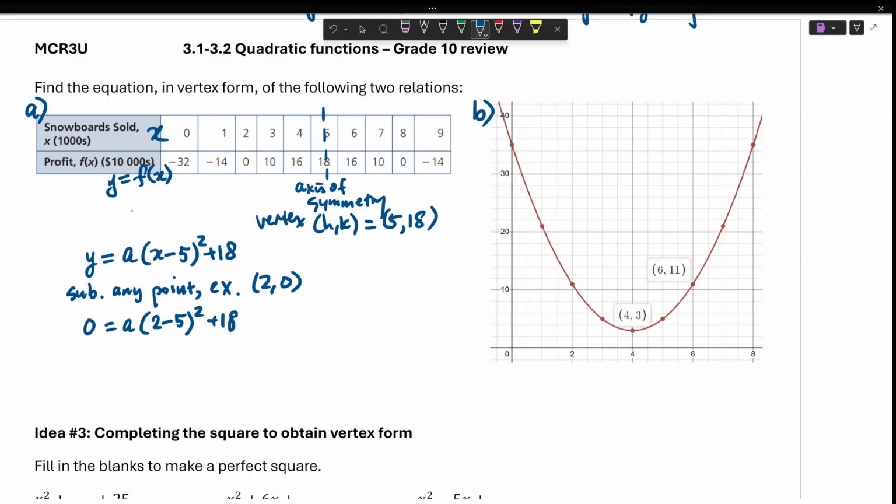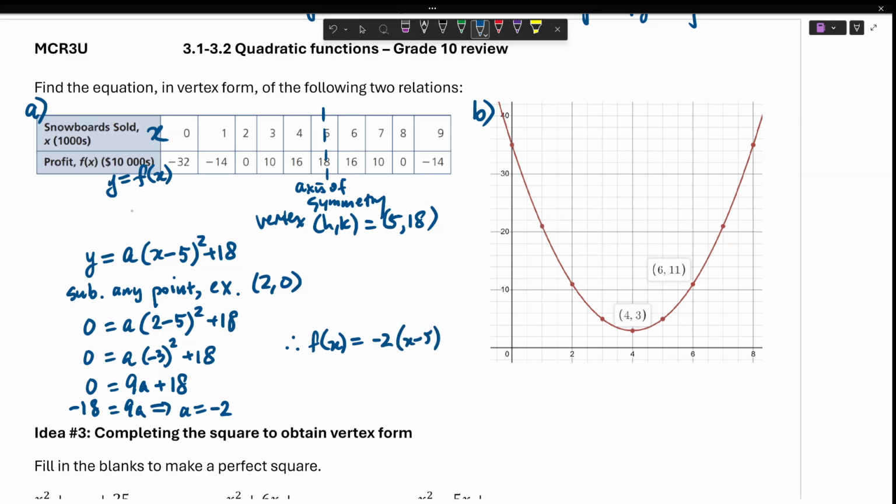We're going to solve this for a. So inside the brackets you have negative 3 squared. Be careful about your multiplication. This is negative 3 times negative 3, which is positive 9. So this is positive 9 times a. Finally, you're going to find that a is equal to negative 2. So your equation for this parabola, f of x is going to be negative 2 times x minus 5 squared plus 18.